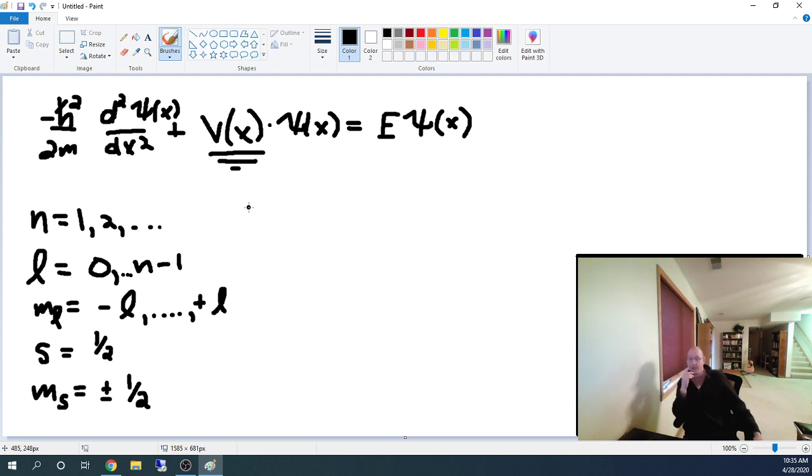Pauli then figured out that the wave function for particles that have spin 1/2, like electrons, needs to be antisymmetric. And that meant the wave function goes to 0 always if the quantum numbers which define that state are identical. So no two particles that have identical quantum numbers can exist in the same state.